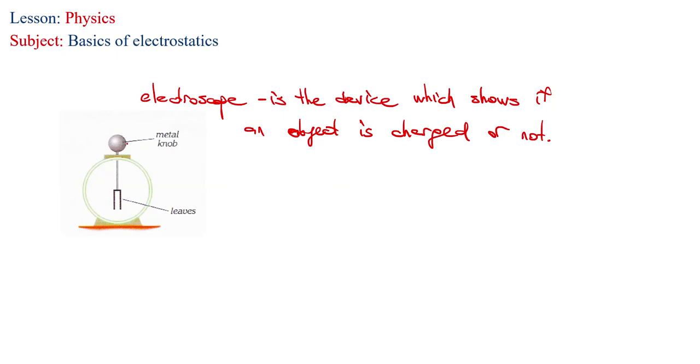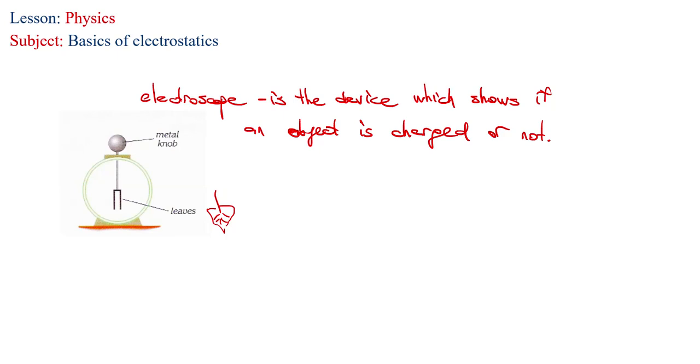So you see here, it consists of a metal knob here, a sphere here, and it's connected to a conductor with the leaves here. You know what does leaf mean? Leaf, indeed, in the trees we have leaves, so that's called a leaf. We have two leaves here, and it also consists of an insulating glass tube here, and of course insulating legs here, and this one is called an electroscope.